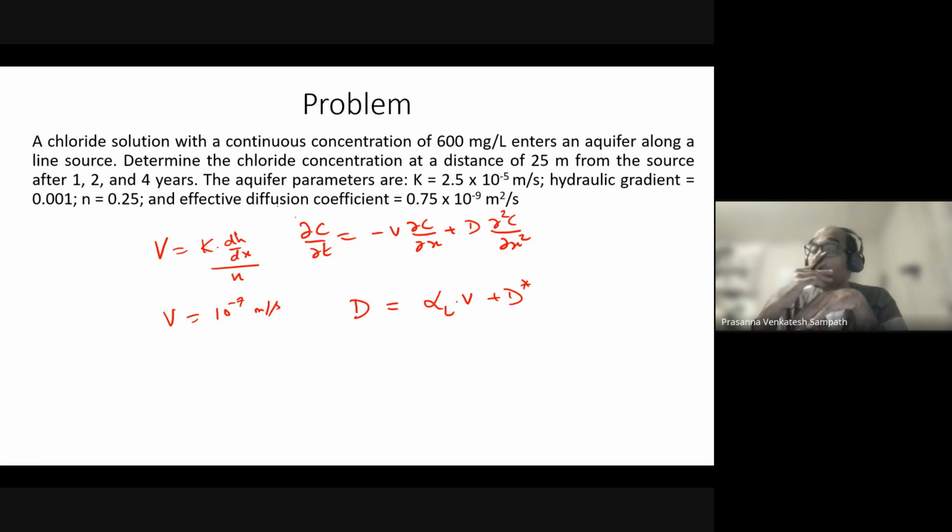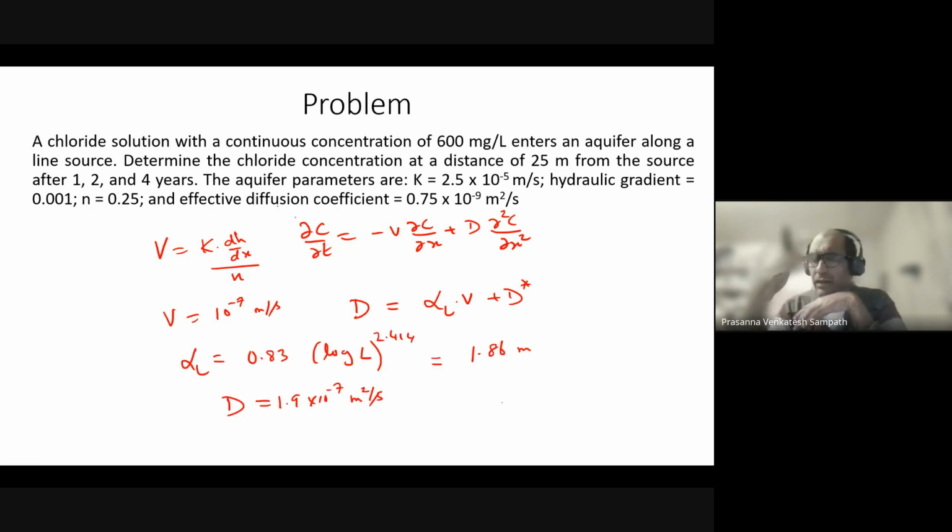So in this case, what is given to us is the effective diffusion coefficient. And once you find the velocity, you can use the longitudinal dispersivity to find out the dispersion coefficient. So D, dispersion coefficient, is alpha L times V. Now this alpha L is what is called the longitudinal dispersivity. We have spoken about this in previous lectures.